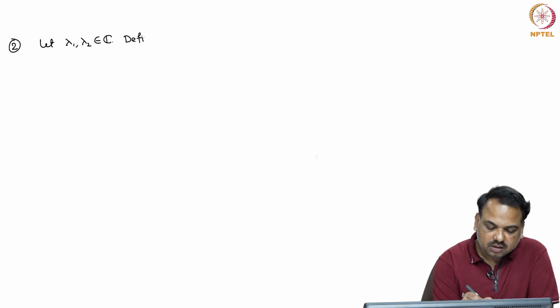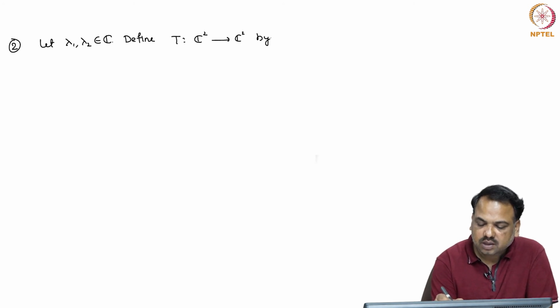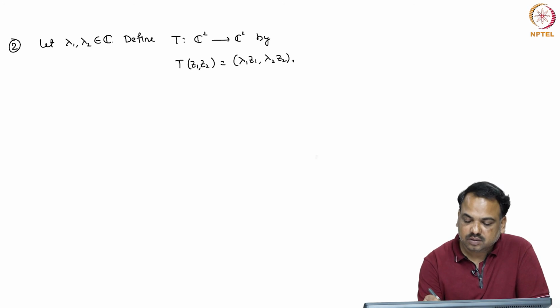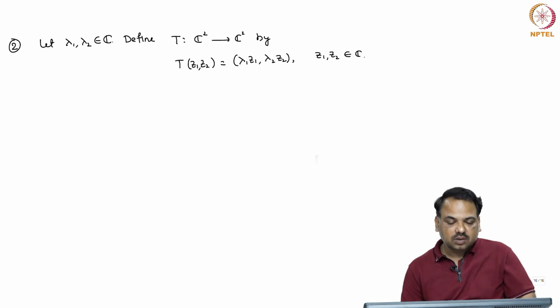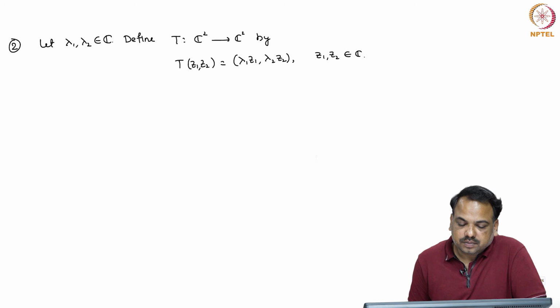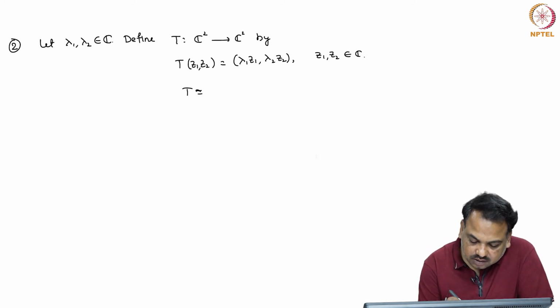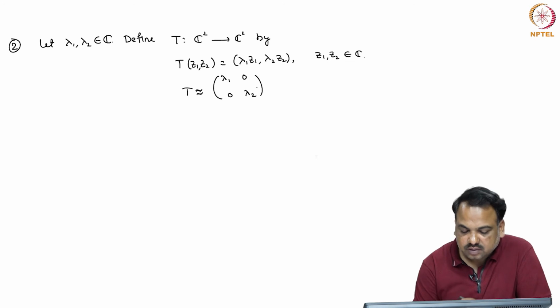Define T from C2 into C2 by T of Z1, Z2 as lambda 1 Z1, lambda 2 Z2, where Z1, Z2 are coming from C. Now, with respect to the standard orthogonal basis of C2, we can write T as equivalent to the diagonal matrix lambda 1, 0, 0, lambda 2.